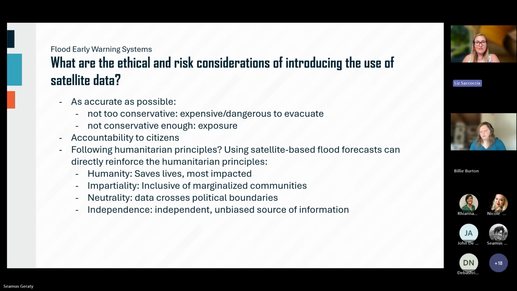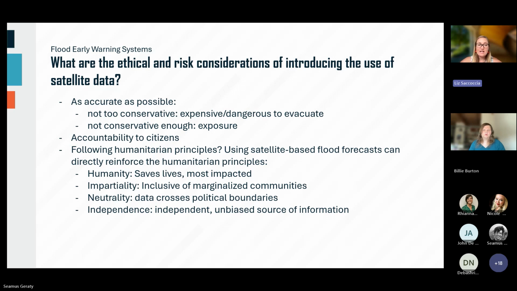And if they evacuate and there is no reason to, then they're going to lose trust in the system. And then when the next warning comes, they might not evacuate, and then they'll be exposed to the full danger of the storm. So the accuracy, and the communication of the accuracy, is critical here.